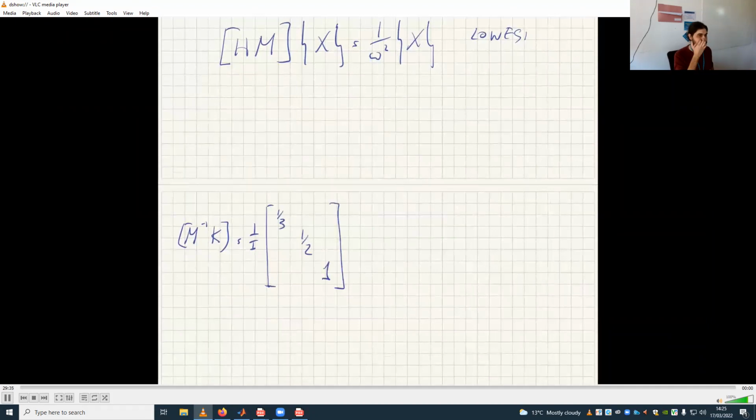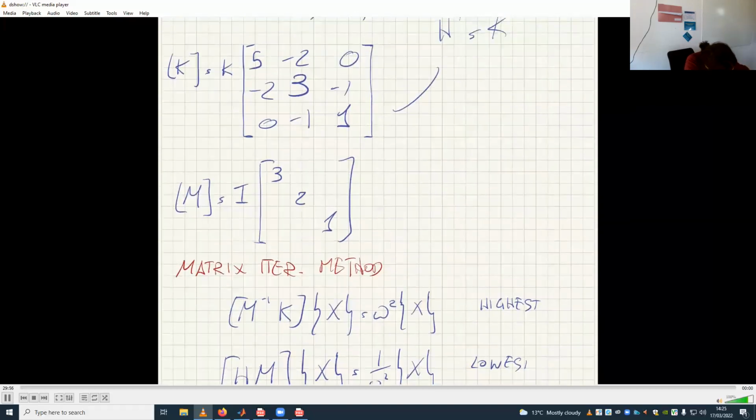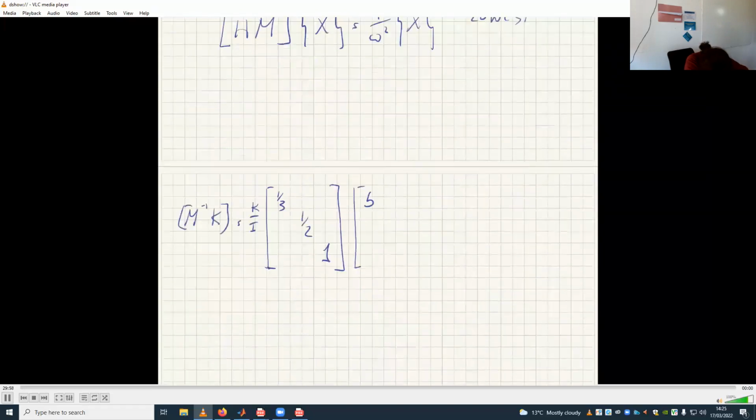This is the inverse of the mass matrix, very easy because it's the inverse of a diagonal matrix. Times K, which is K over I times 5, minus 2, 0, minus 2, 3, minus 1, and 0, minus 1, 1.